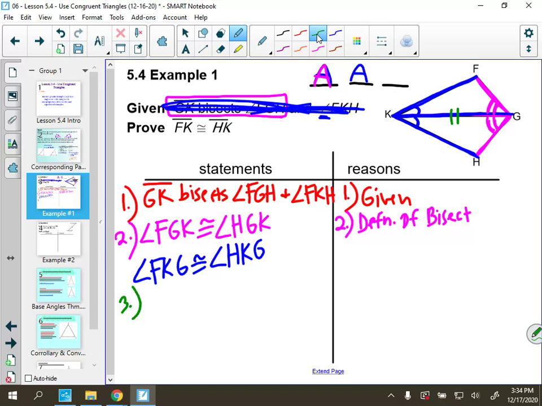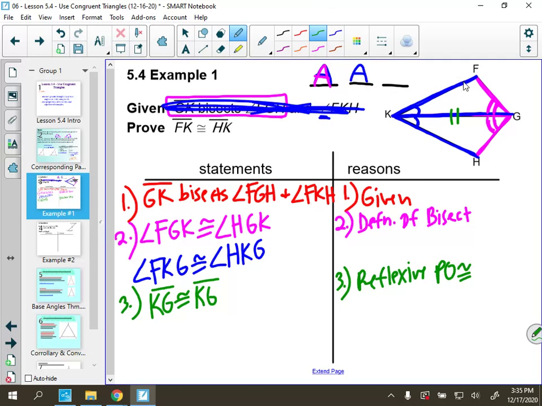So I know our third thing that we need to say here is that segment KG is congruent to segment KG because of the reflexive property of congruence. That's one we can always add as long as I see it in the picture.